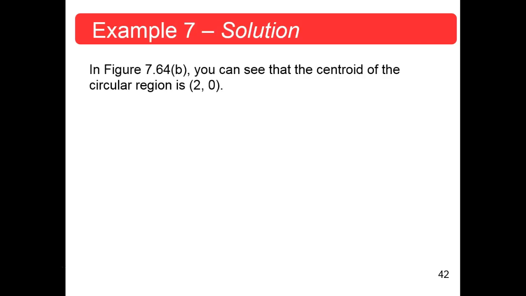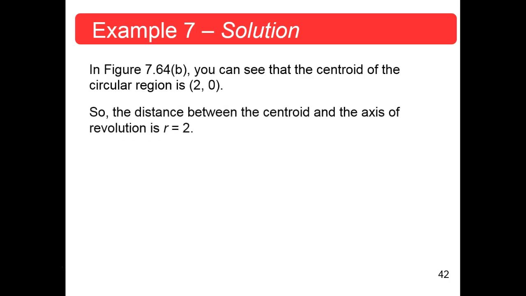All right, see that the centroid is at 2, 0. So the distance between the centroid and the axis, r, is equal to 2, because that's where the centroid is, and x equals 0 is where the y-axis is.